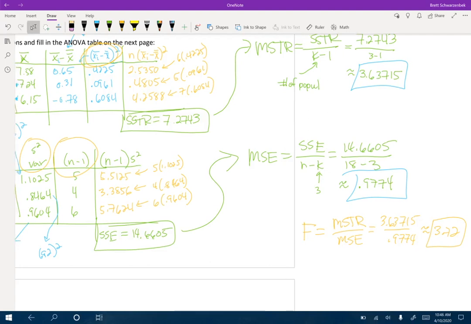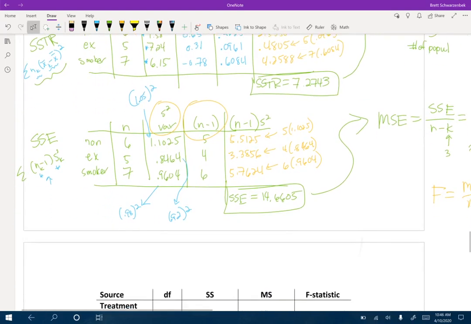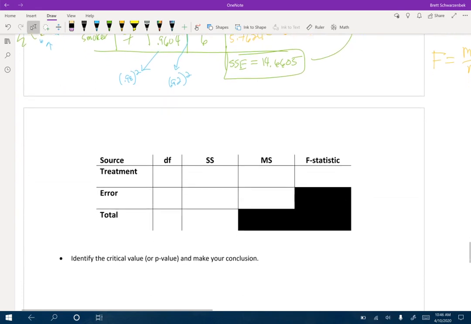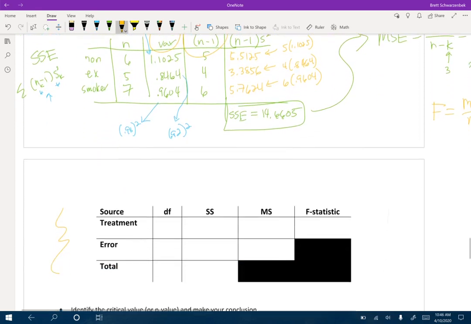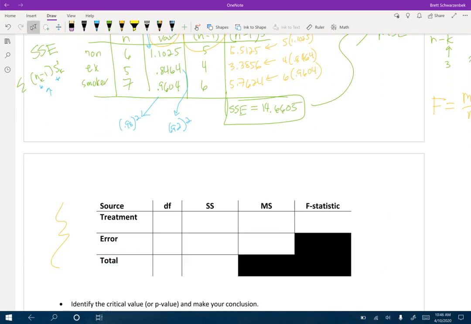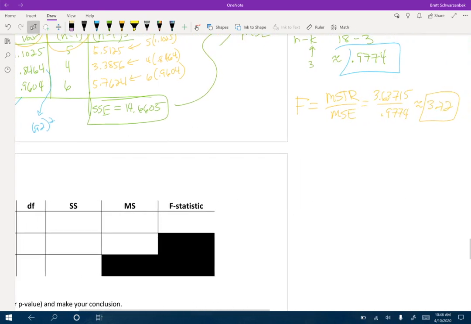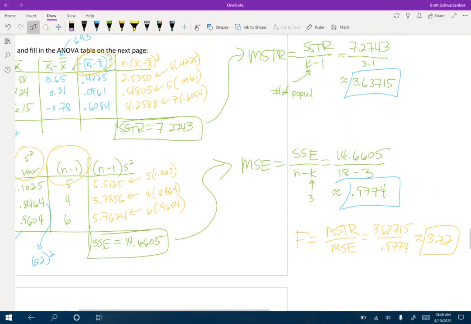So that's next. Here's our ANOVA table. And then we have to make our decision on our actual test. Obviously one of the longer tests that you'll run, but it is what it is. You have to go through the calculations. So filling everything out, first of all, our F was 3.72. What were our MS values? They were here and here.